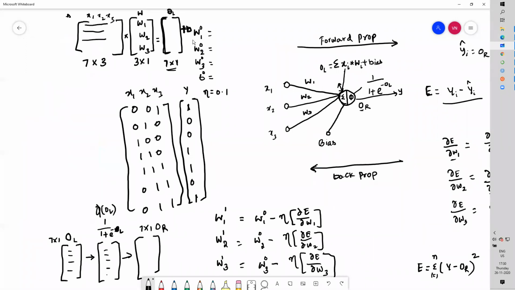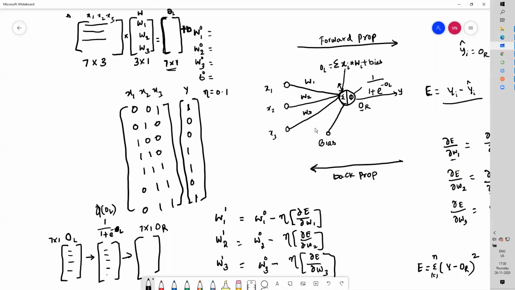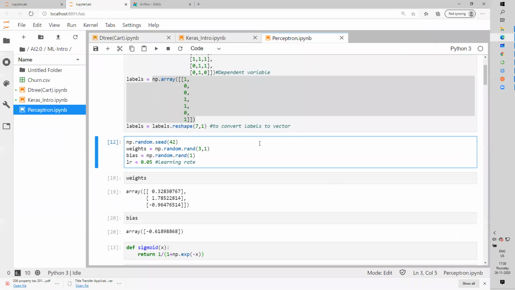We have one value and we add that value for every row in the matrix. If we do position by position, that is called vector addition. In scalar addition, we add this value to every element in the matrix. Okay, so that is why we are generating only one value, and you can see here our bias is just going to be one value.